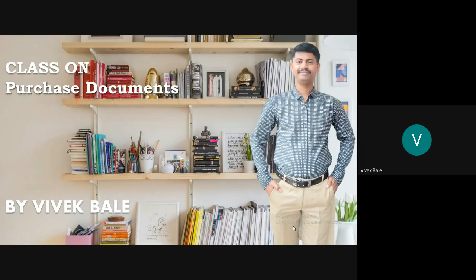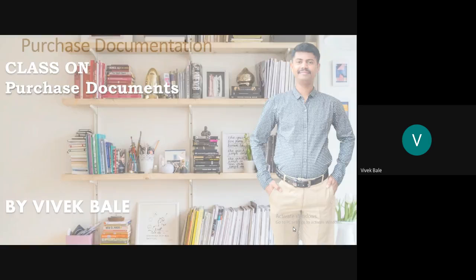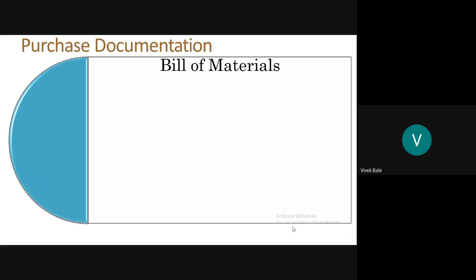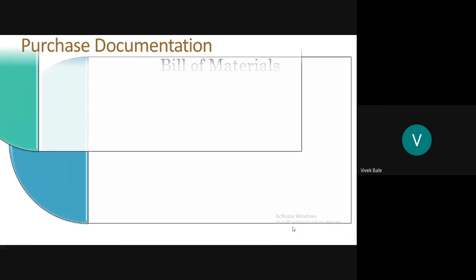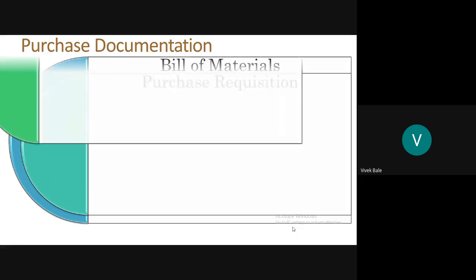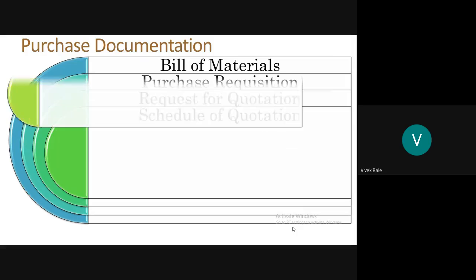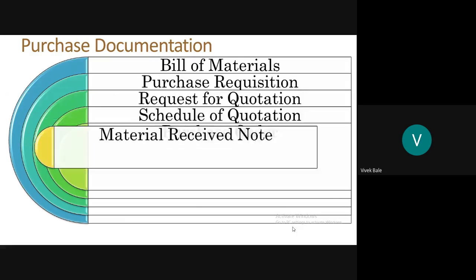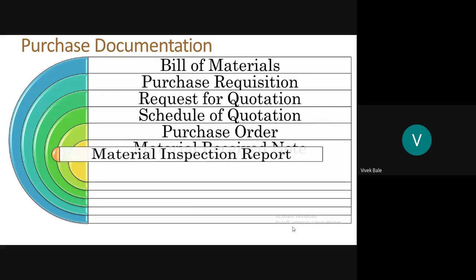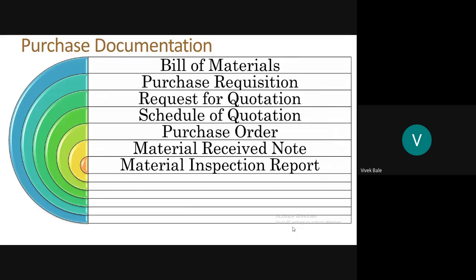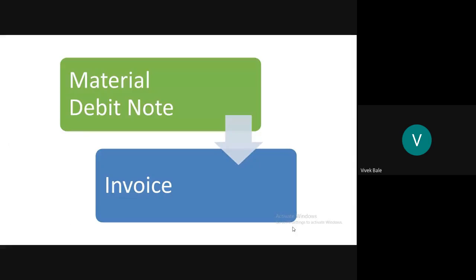So, dear students, today we will talk on the different documents as well as we will see their specifications in this class. So first of all, I'm going to talk on the purchase documents, and the first document that we are going to talk on is bill of material, followed by purchase requisition, request for quotation, schedule of quotations, purchase order, material received note, material inspection report, material debit note, and invoices.